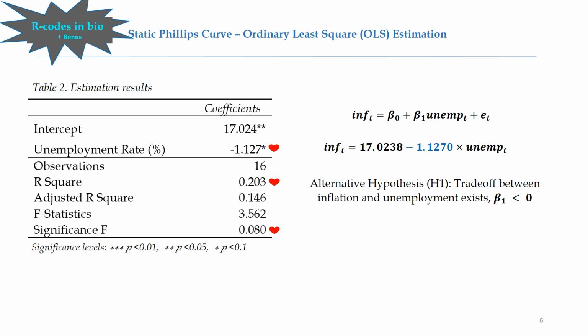In our case, the coefficient has a negative sign, a value of 1.127% and statistical significance at the 10% level. This suggests that we can accept the alternative hypothesis indicating an inverse relationship between inflation and unemployment. Second, diagnostic checks in the lower part of the table are also vital for assessing the model's validity.